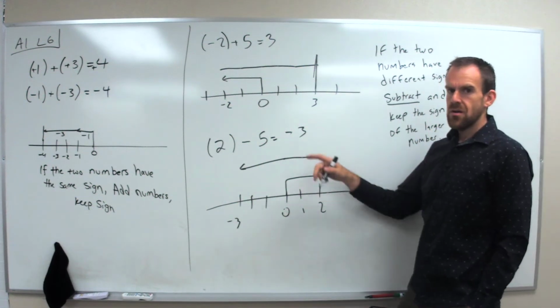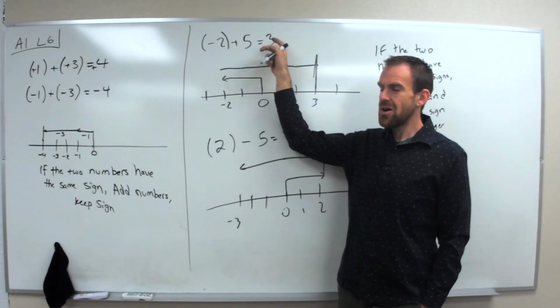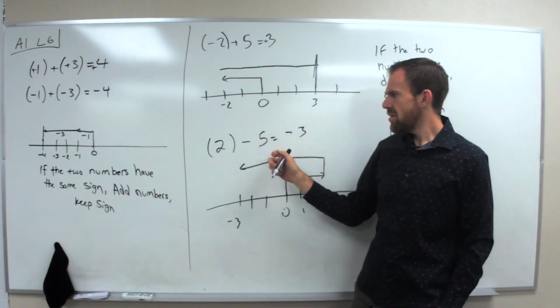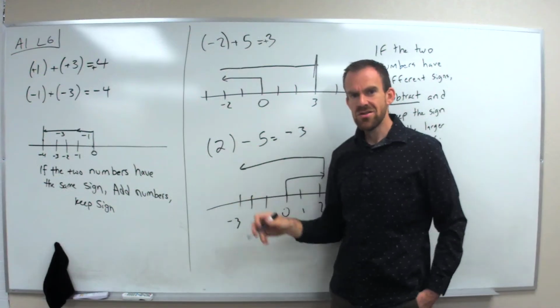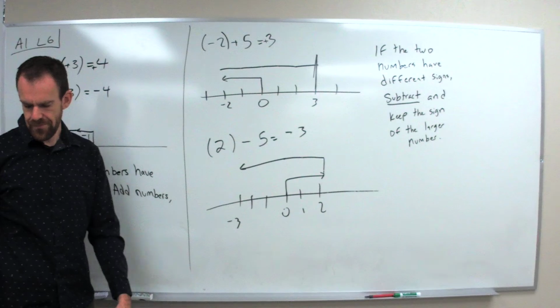So here we can subtract 5 minus 2, which is 3, and then keep the sign of the larger number, which is 5. So that's positive 3. Here we subtract 5 minus 2, still 3, but we're going to keep the sign of the larger number, which is negative 5 in that case.